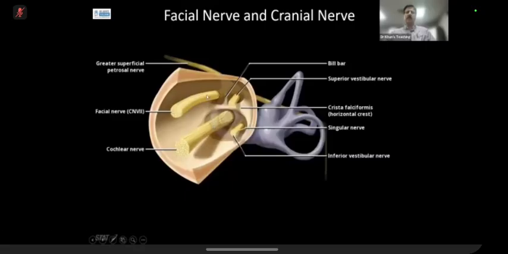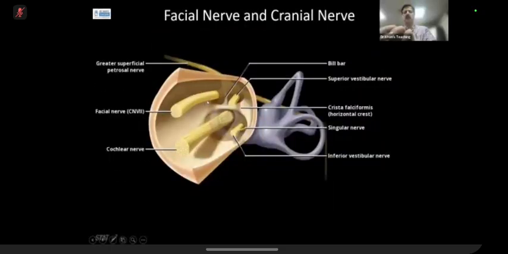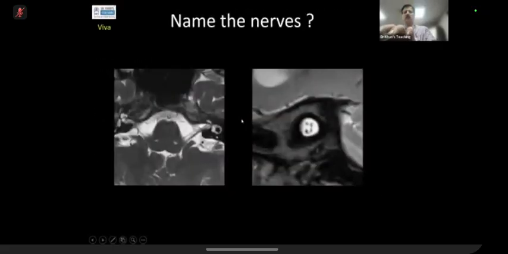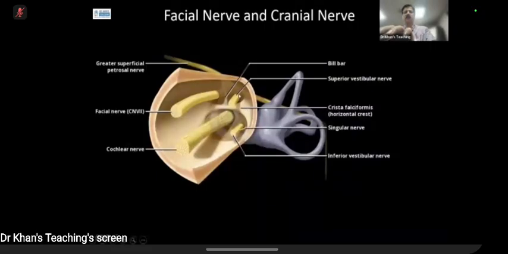There are 4 nerves. Anterior superior quadrant is the facial nerve, common sense, because it is at a higher level. So this is the facial nerve. Anterior inferior quadrant is the cochlear nerve. It comes out from the cochlea. Then there is the superior and inferior vestibular nerve. These will join together.